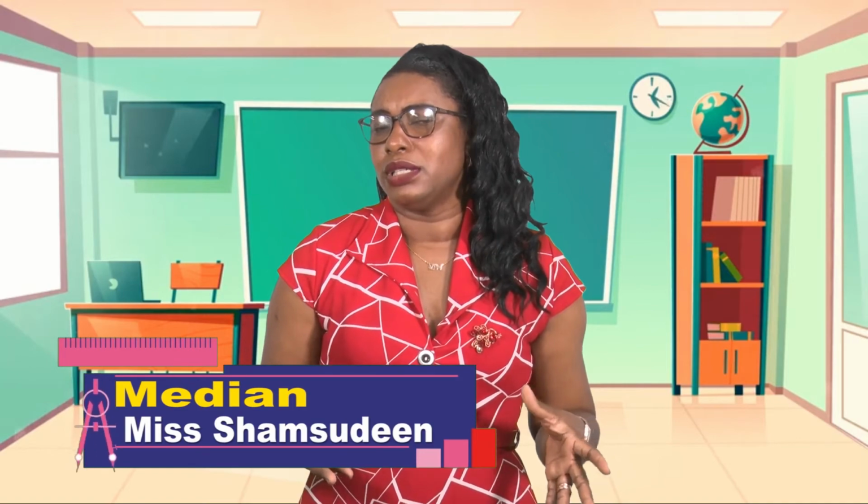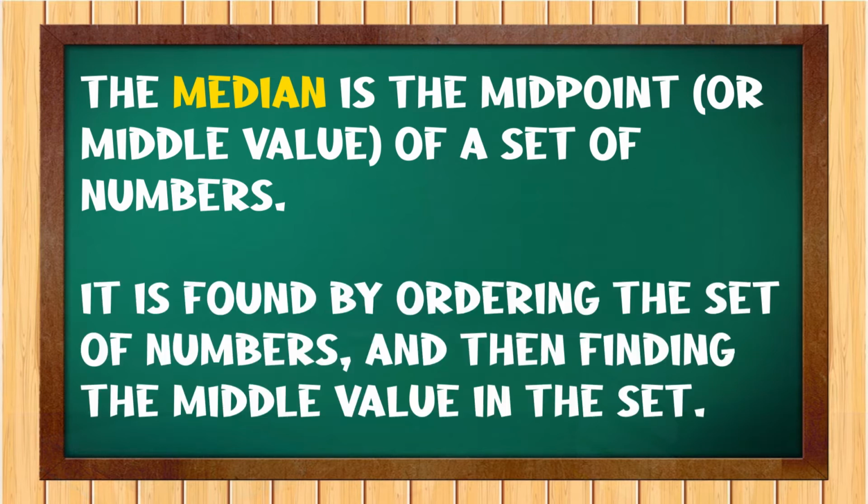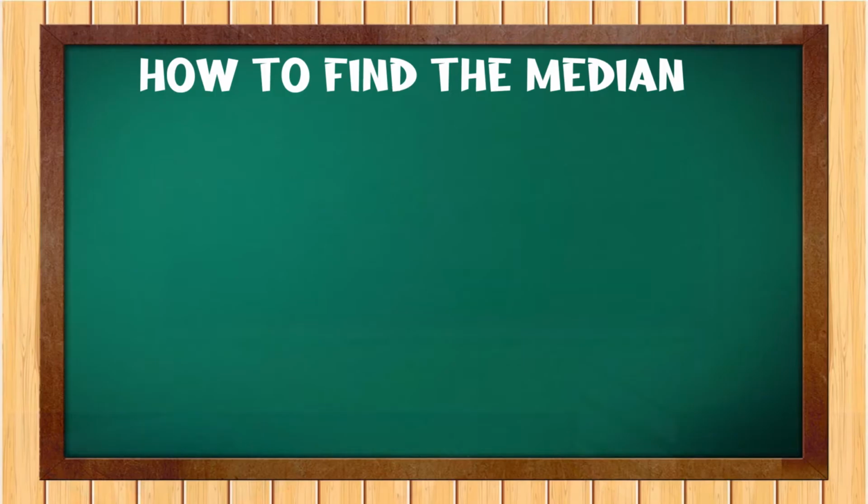Now, what is the median? Median is referred to as the midpoint or the middle value of a set of numbers. It can be found by ordering the set of numbers and then finding the middle value of that set. What does that mean? In order for us to find the median, there are a few steps we have to follow.